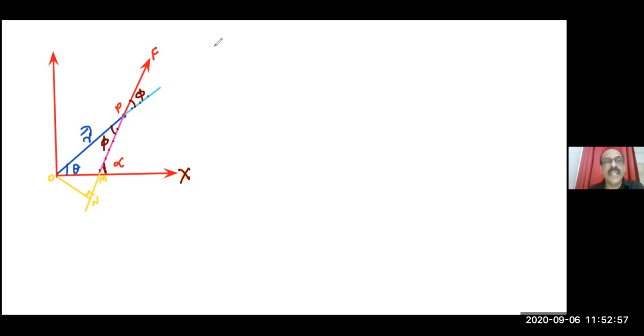Then from figure, Fx is equal to F cos alpha. And Fy is equal to F sin alpha because the angle is alpha. So with respect to x-axis, F cos alpha, y-axis, F sin alpha.